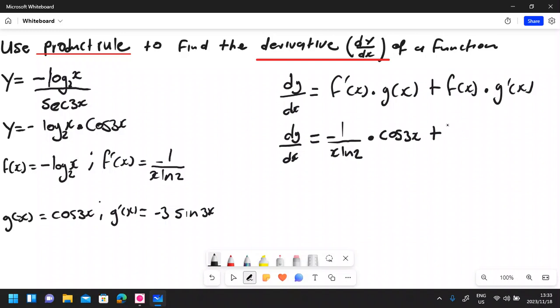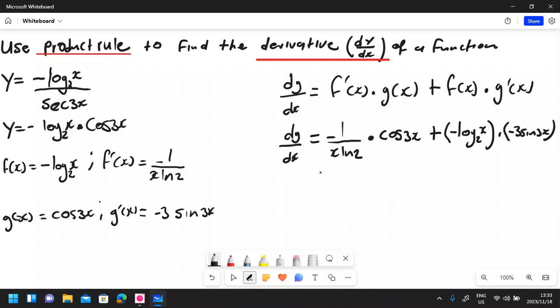So we're going to write it as negative log base 2 of x, multiplied by the derivative of g of x. So the derivative of g of x is going to be negative 3 sine 3x. I hope the space is going to be enough.